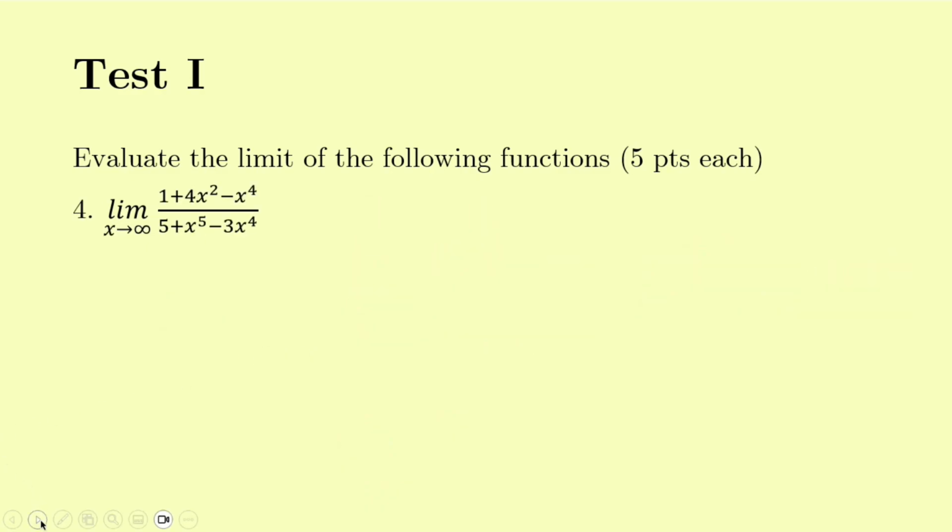Next, number 4. Evaluate this function as the limit approaches infinity. Here, we can use the property of limits approaching infinity, since the numerator has the highest degree of, what is it? 4.